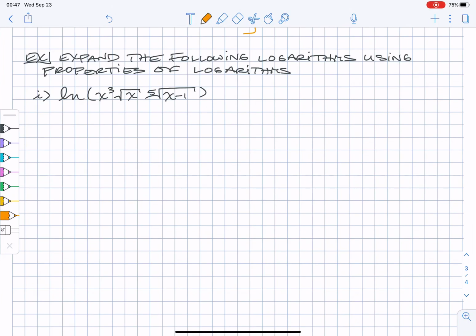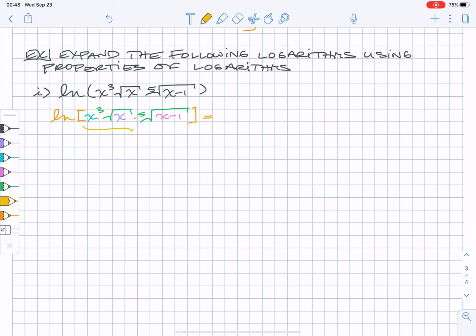Okay, so we have natural log of the quantity x cubed times the square root of x times the fifth root of the quantity x minus 1. Okay, I have a product, 1, 2, I have 3 factors in this product. So I'm going to use the product rule because this is a product.